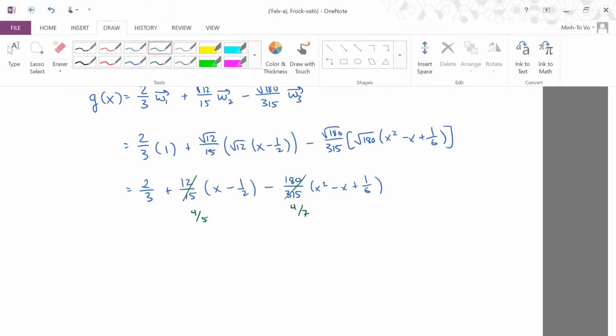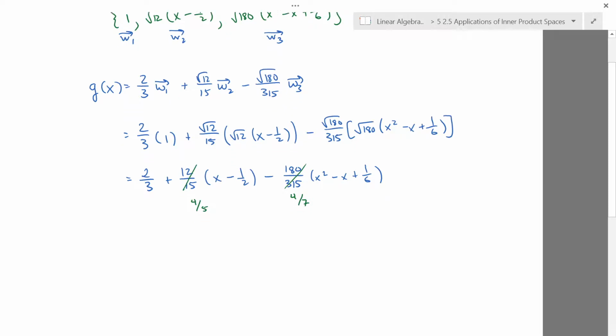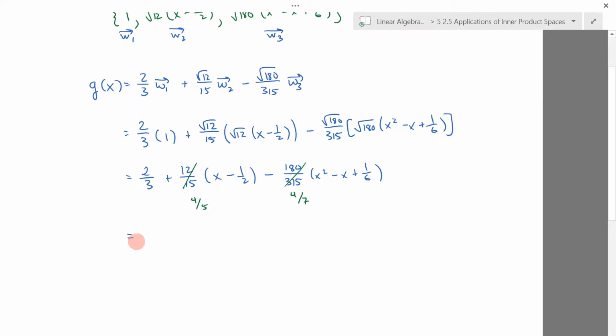Okay, so now let's just multiply it out and collect the terms. In terms of the constant term, we have 2/3 plus, so minus 4/5 times 1/2 is 2/5, so minus 2/5. And then minus 4/7 times 1/6.